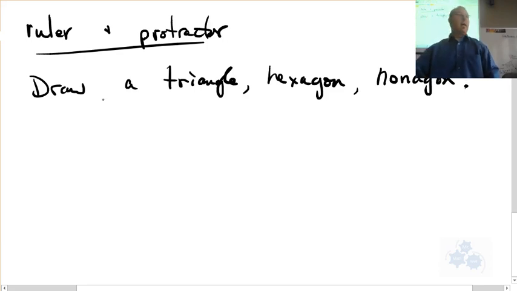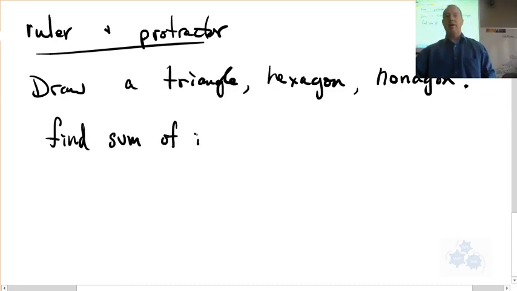Yours is going to be a little different from the rest of your classmates, right? What I want you to do is find the sum of the interior angles for each of them.